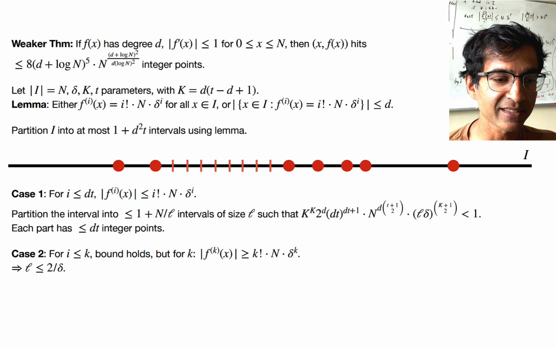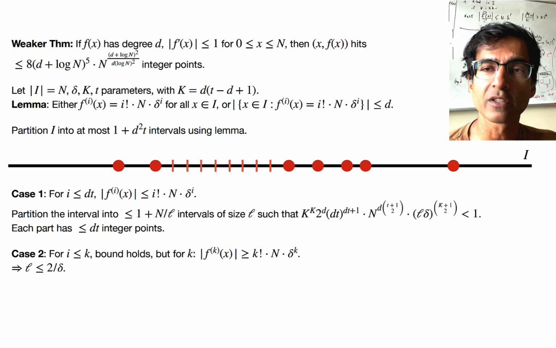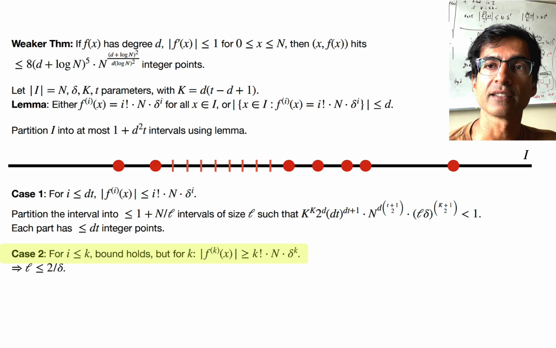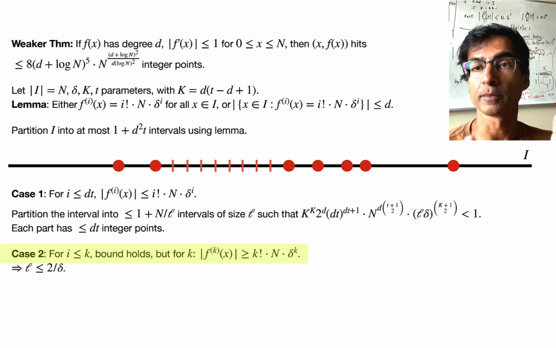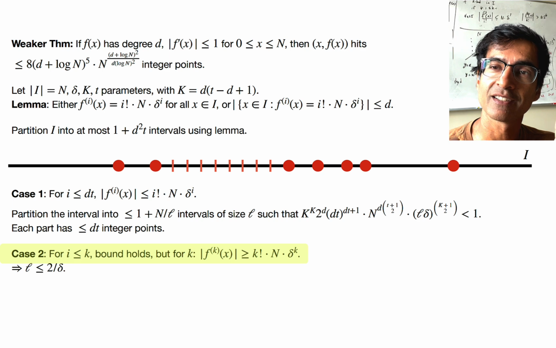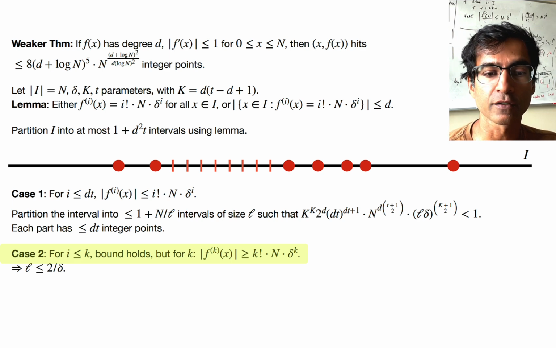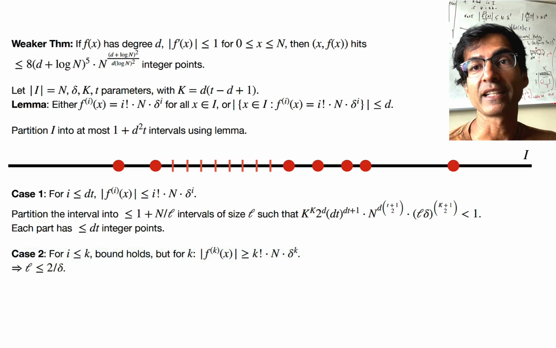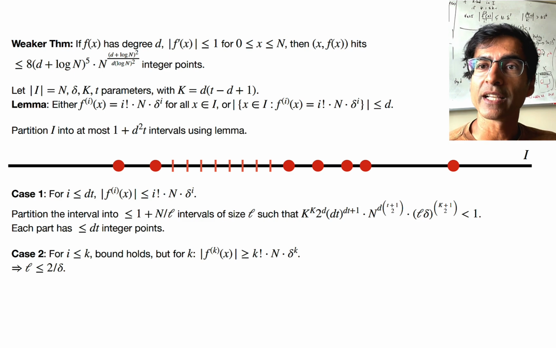In each piece, either the first case holds, all the derivatives are below the threshold, or in the second case, some derivatives are below the threshold, and then there's one that's above the threshold in the entire part of the interval. So we can break up this big interval into smaller intervals, not too many of them, at most 1 plus d squared t of them, so that in each piece, one of the two cases holds.